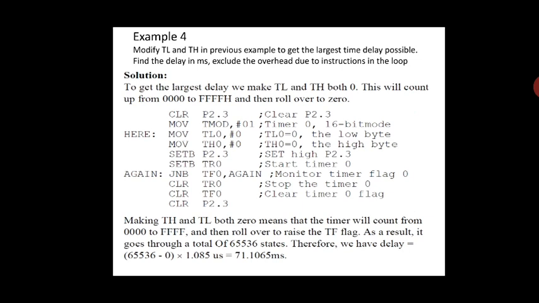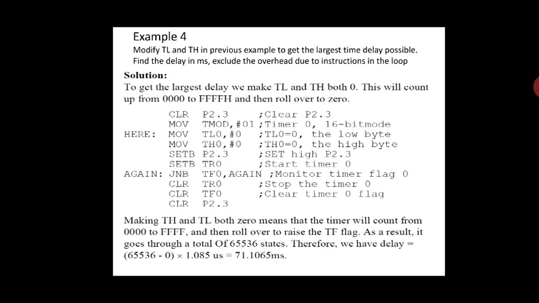Similarly I have loaded, and it is not required to explain the two instructions here: CLR P2.3, that is the fourth bit of port 2, and P2.3 mode. We are using Timer 0 in mode 1. TL0, you can look here, is loaded with 0, TH0 is loaded with 0.